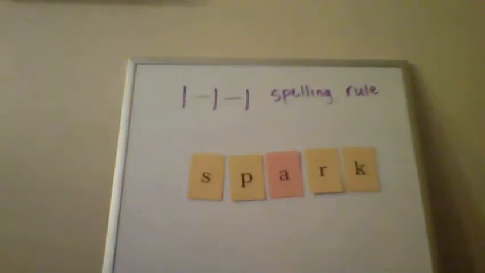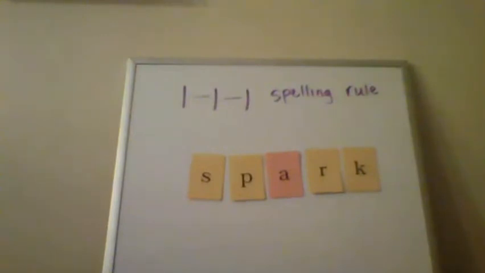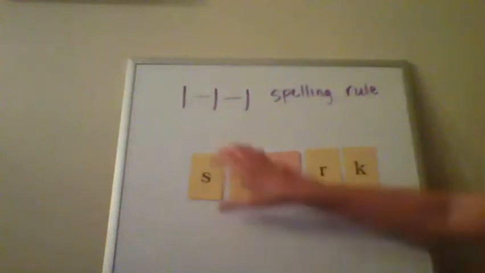Is this a one syllable word that is R controlled? One syllable. Spark. R controlled. Yes. Does it have one vowel? Yes. Is there only one consonant after the vowel? No. Is this a one-to-one-to-one R controlled? No. Let's do another one.